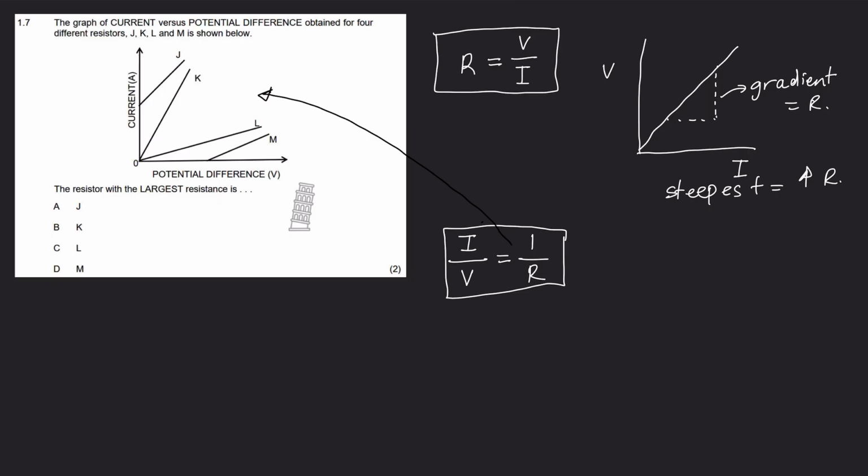But since the gradient is 1 over R, it's going to be the one that is the least steep that has the greatest resistance. So through just inspection, the answer is going to be L. So L will correspond to letter C.